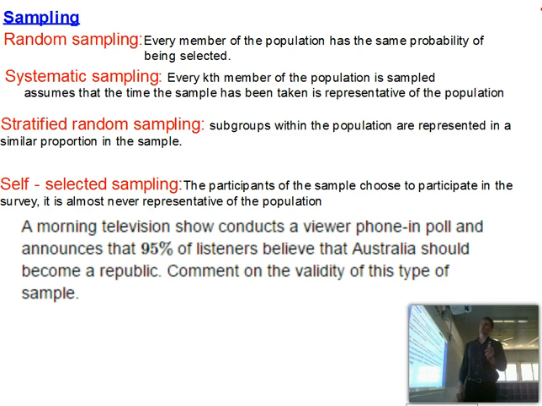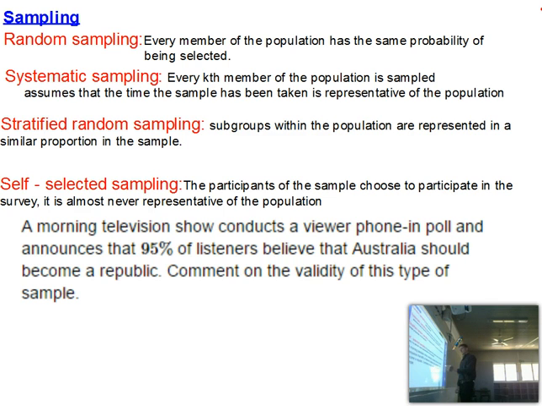Okay, well, what about those that are actually just listening at the time? So that's not fully representative of the population. And maybe a whole bunch of Republicans might be only interested in voicing their opinions. Maybe the monarchists are too disgusted and they can't be bothered ringing in and discussing such a poll on the radio. Or maybe the other way around.